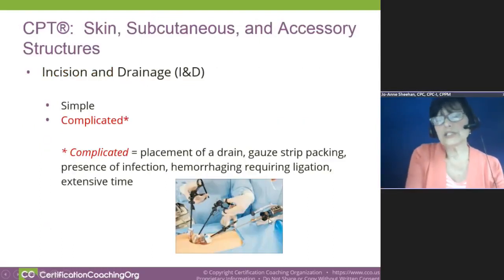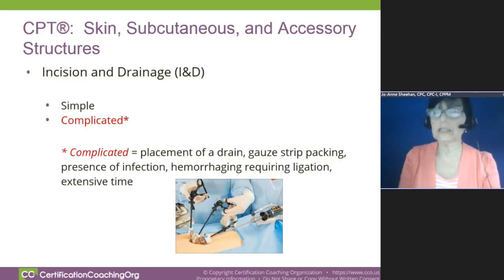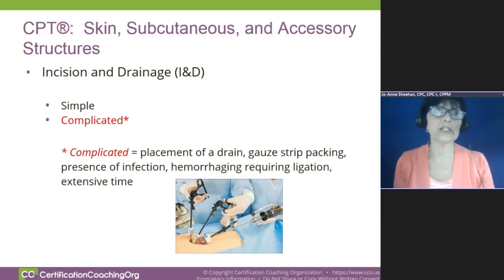When we talk about incision and drainage, there are two types, simple and complicated. A lot of times students do get confused about this. The simple is just really making an incision and just draining something simply. But a complicated incision and drainage is the placement of a drain or gauze strip packing, presence of infection, hemorrhaging requiring ligation, and an extensive amount of time is used.